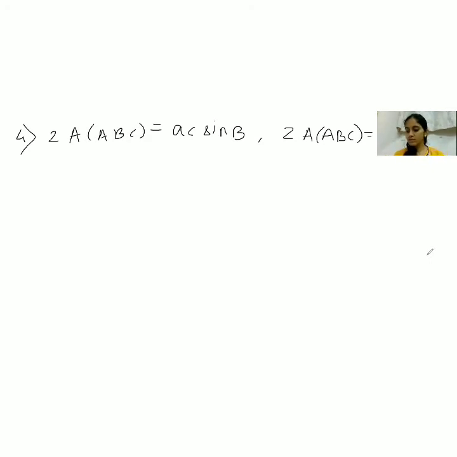So this will give us three expressions for the area of the triangle.